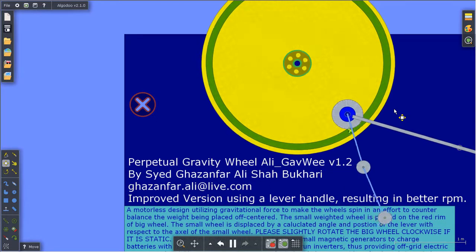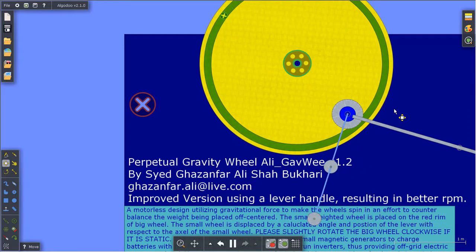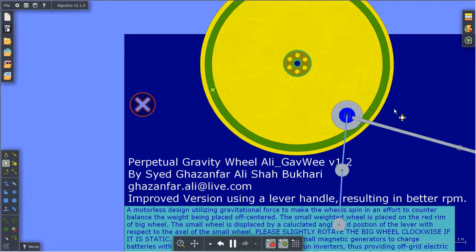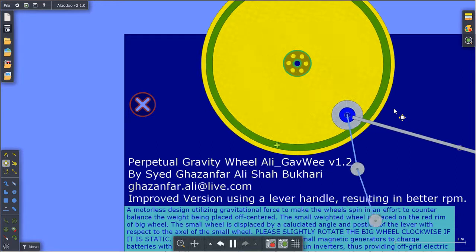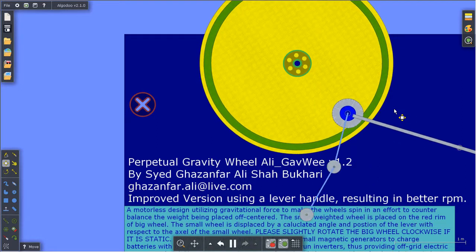So I don't know whether it's an error in the Algodoo simulation software, but it seems quite convincing that this idea can be materialized. Okay, let me stop it.